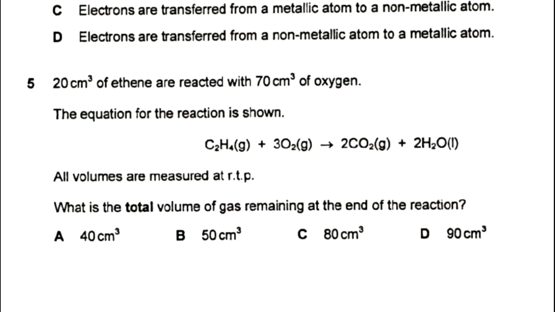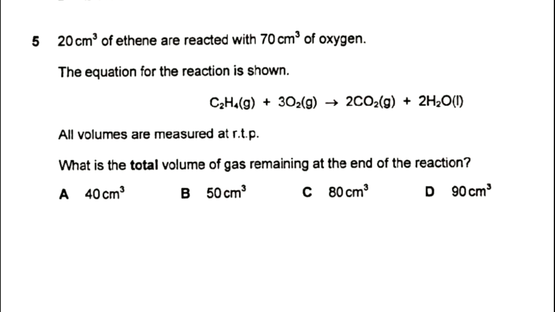Okay, next. What is the total volume of gas remaining at the end of the experiment? Total volume of gas. We have 20 cm cube, 70. This one is water, no count. So we want the volume of gas. That means I want to find the volume of CO2.